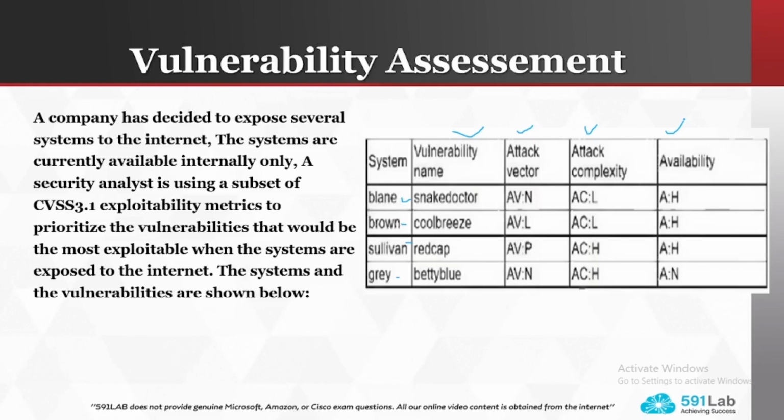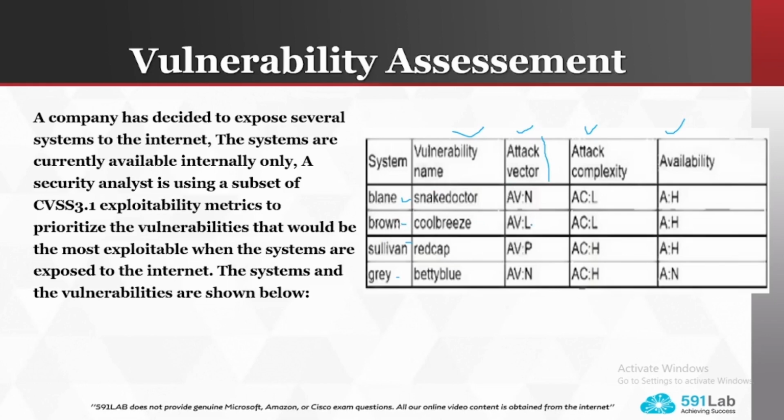So, by looking through the metrics in the context given, initially we have the attack vector. The attack vector indicates the starting point for an attacker to exploit the vulnerability in our system.